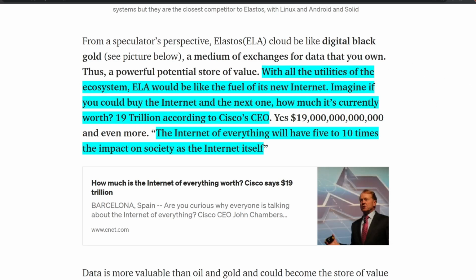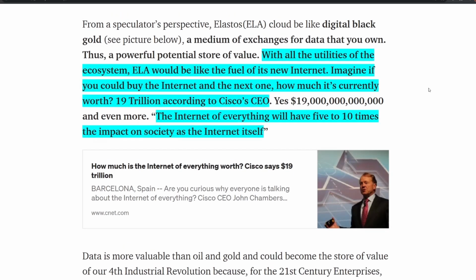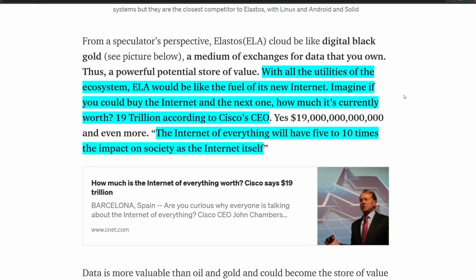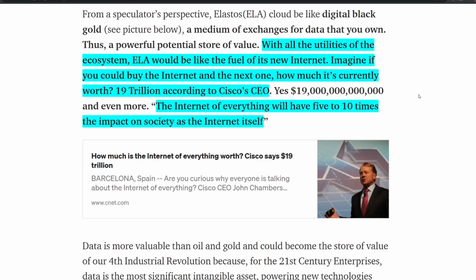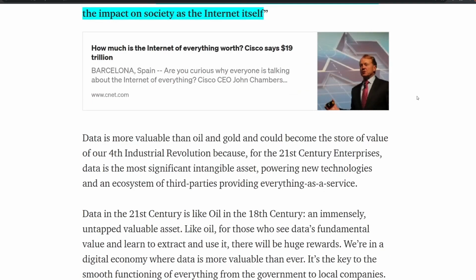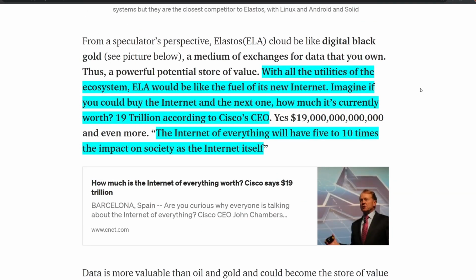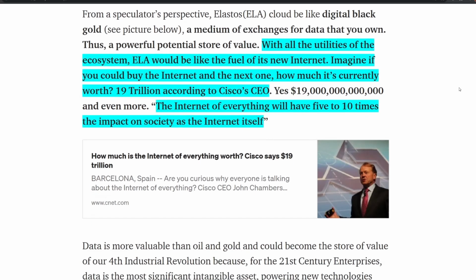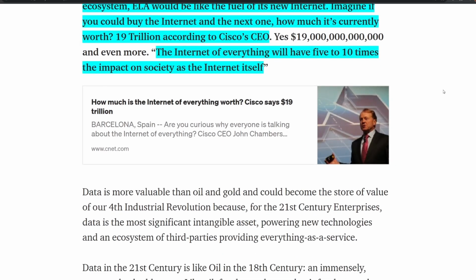So hypothetically, at $19 trillion in valuation, if the token itself were the value of the Internet of Everything, there's only 18 million in circulation, so that would put Elastos at 1 million apiece if it were ever able to capture that. By the time it were ever that big, I would say that's more like 10, 20 years down the road. And in that case, there would be a little more in circulation. Even then, the potential is massive for the token.